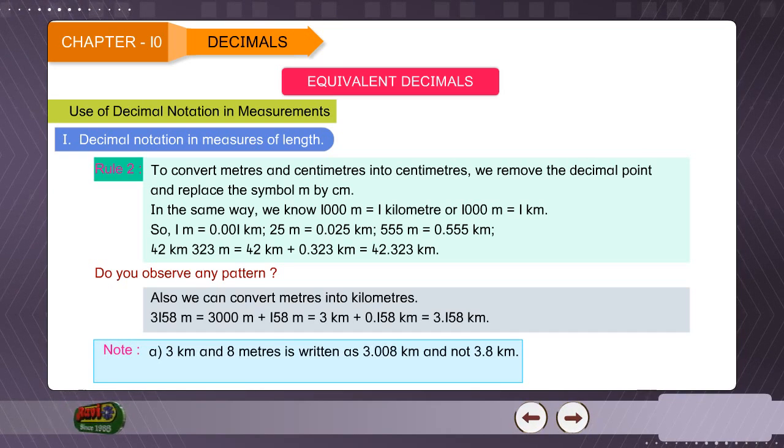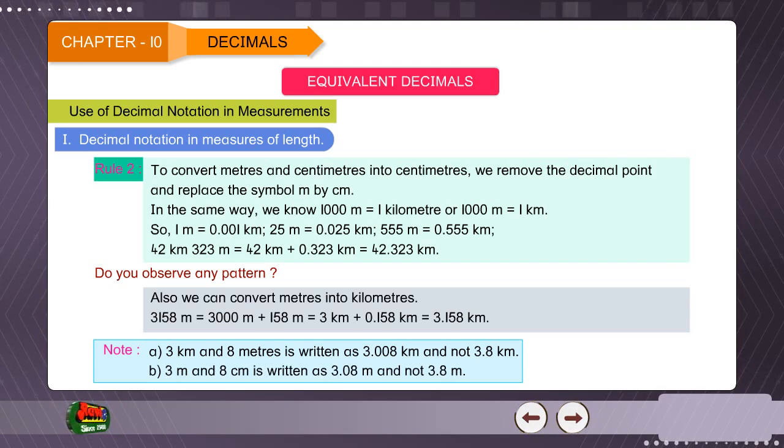Note: A. 3 kilometers and 8 meters is written as 3.008 kilometers and not 3.8 kilometers. B. 3 meters and 8 centimeters is written as 3.08 meters and not 3.8 meters.